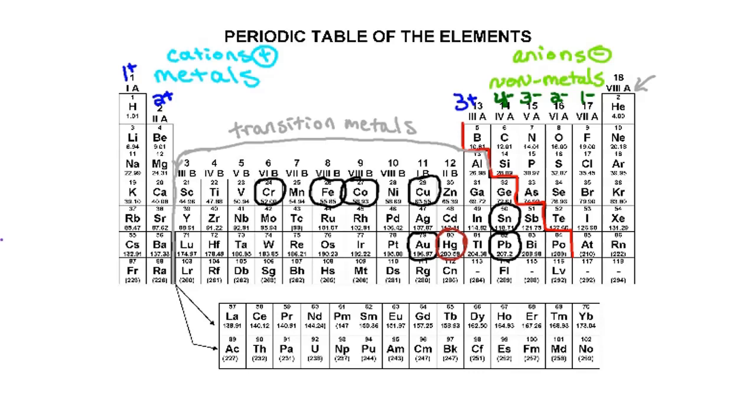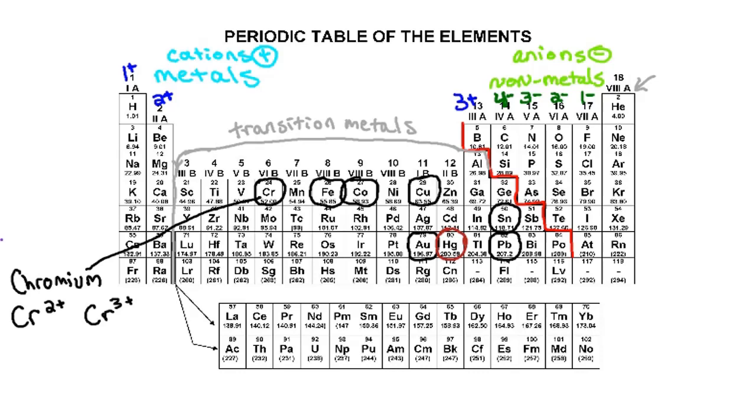Now the reason why there are a couple of extra rules for these outlined transition metals is because they can have more than one charge. Like for instance, chromium is Cr, and Cr can actually have a 2+ charge or a 3+ charge, depending on what formula it's in and how you're using it.